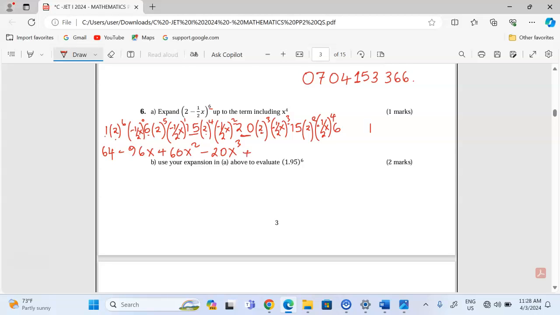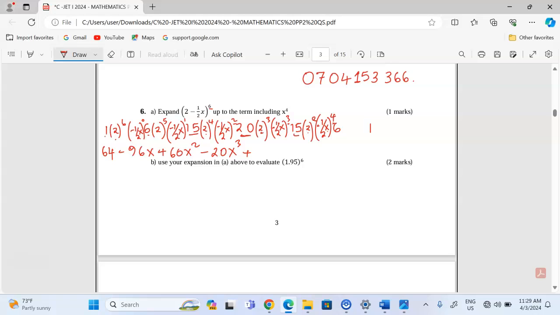Finally, we are going to add. We start with 15. 2 power 2 is a 4. Then we have negative 1 over 2 x power 4, which becomes 1 over 16, now without a negative.